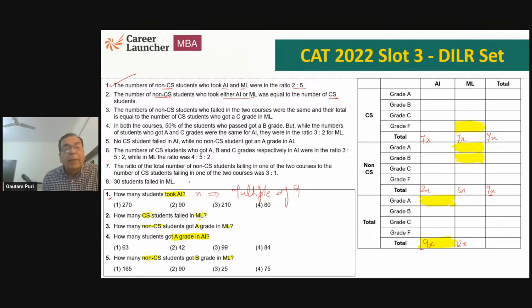So how many multiples of 9 are there? If you look at question 1, 270 is a multiple of 9, 90 is a multiple of 9, 210 is wrong, 60 is wrong. So we have eliminated 2 choices. This is what I mean by saying focus on solving the question. While filling the table, keep the questions in mind, and make sure you keep eliminating choices as you go along.